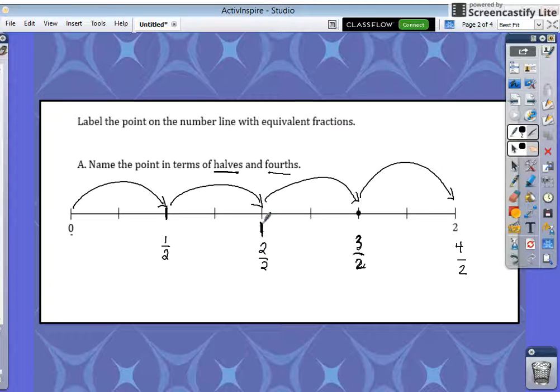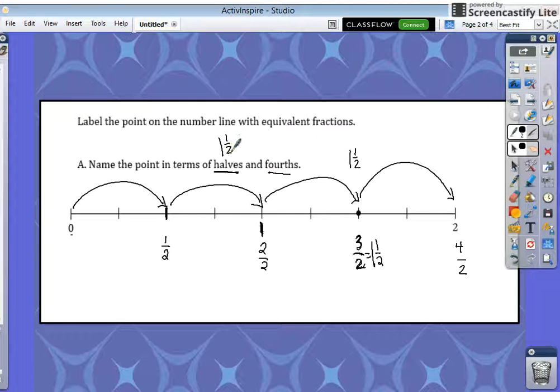So we know that 3 halves also equals 1 and 1/2, and this point is 1 1/2. That's how we can represent the point as halves.